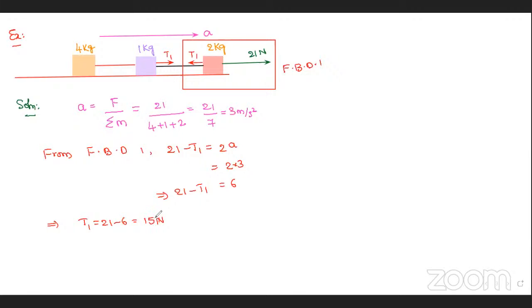15 is correct, and 18 is wrong, and 7 is also wrong. Someone put 7. Yes, yes. 15 is correct now in the first string. So this is 15 newtons. Oh, the second one is correct, Mr. Amok. You are right.